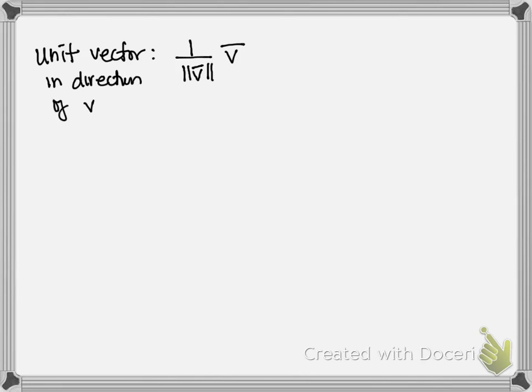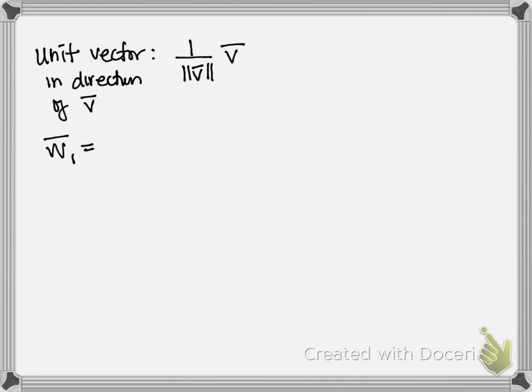So if you remember the unit vector in the direction of v, well, how do we get a unit vector? From last time, we just scale by the norm of v. So 1 over norm v times v is the unit vector in the direction of v. Okay, and so here we are.